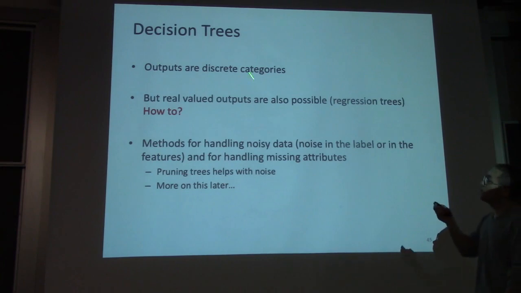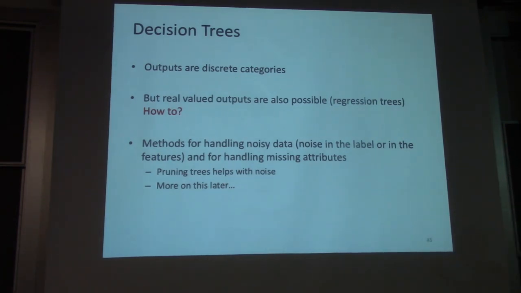Generally, the outputs of decision trees are discrete categories, but it can also do regression. So how can we do that? An idea? Ranges? If it falls within a certain range. But you usually report a specific real value for regression, right? The same thing, you can do the average.